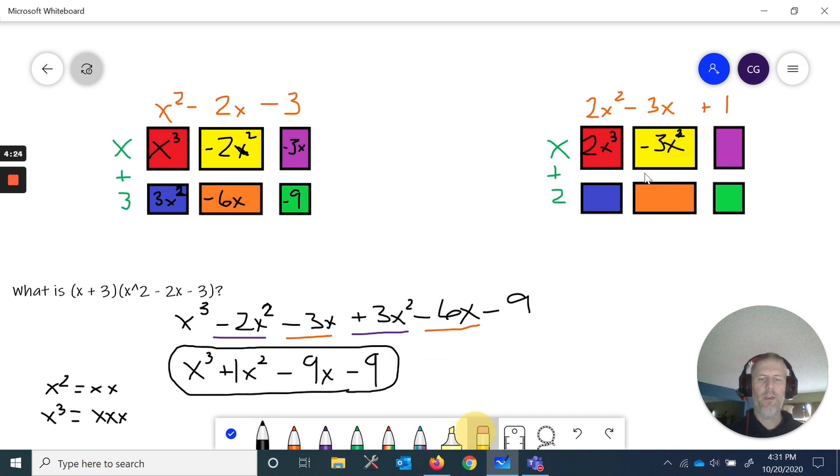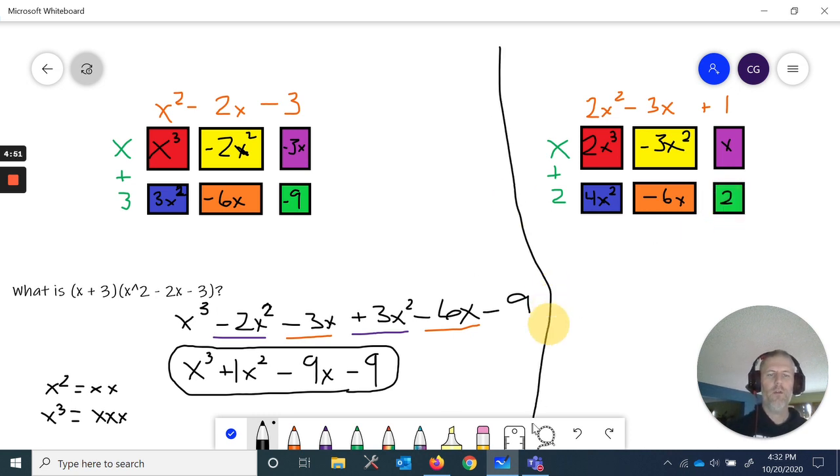And then x times 1 is just 1x, or x. 2 times 2x squared is going to be 4x squared. 2 times negative 3x is going to be negative 6x. And 2 times 1 is going to be 2.